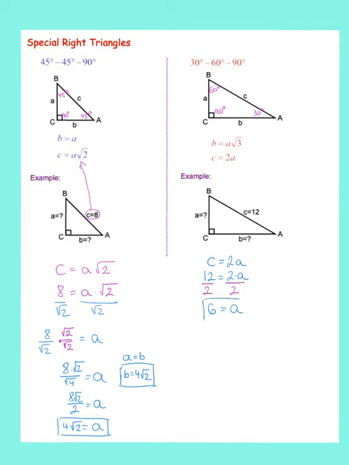Now that I have the shorter leg, I can find the length of the longer leg. So B is going to equal A times the square root of 3. Since my A was 6, B is going to be 6 times the square root of 3. So here is how we use the special right triangles.